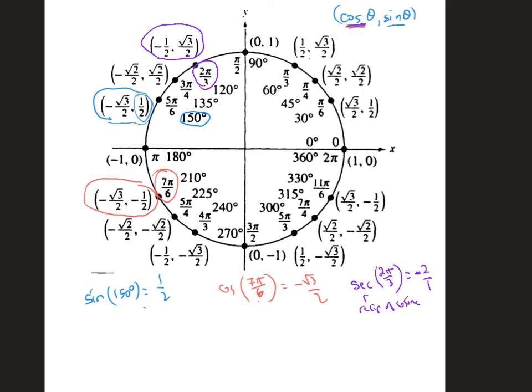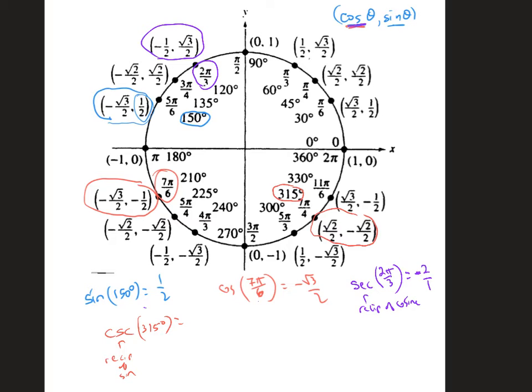Let's do one more. We'll do that one with the cosecant. So let's say I wanted to find the cosecant of 315. I know this is the reciprocal of sine. So I locate 315. There it is. This is the coordinate pair associated with it.